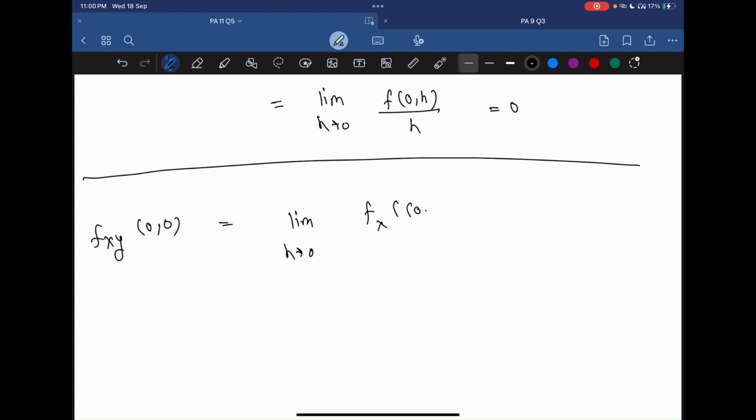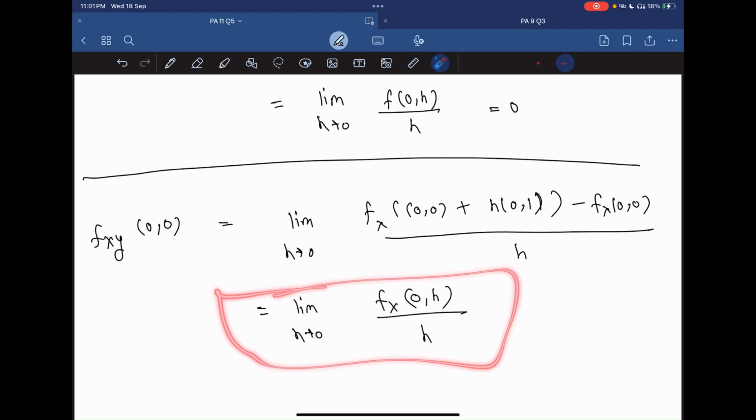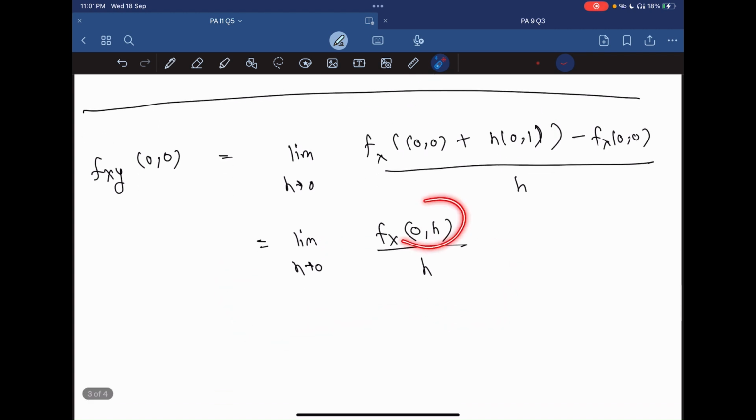fx at (0, h) minus fx at (0, 0), divided by h. Because the partial derivative with respect to x at the point (0, 0) is 0, we are left with fx at (0, h).